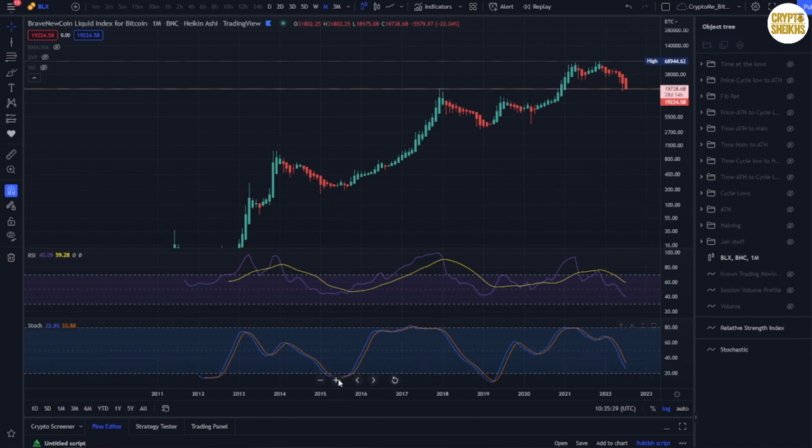You see the blue moved above the orange. And then when the blue moved above the orange, the bottom was in already. And then this is the confirmation. Once the Heikin Ashi started green, this is the confirmation that, okay, the momentum is now shifting up. The Heikin Ashi candle on the monthly closed 2 candles up, and then you can enter here.